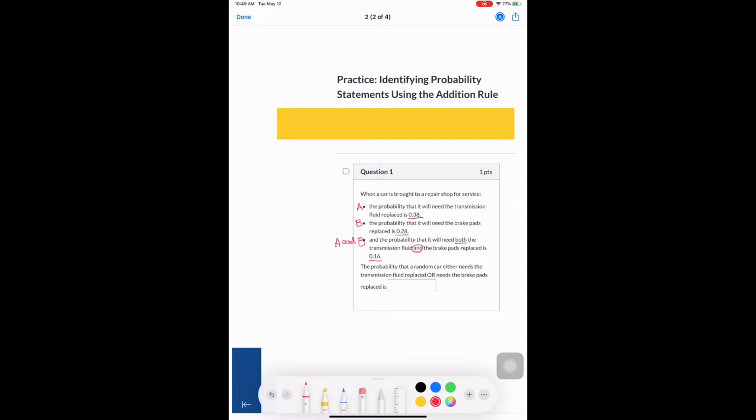We're asked to find the probability that a random car either needs the transmission fluid replaced or needs the brake pads replaced.